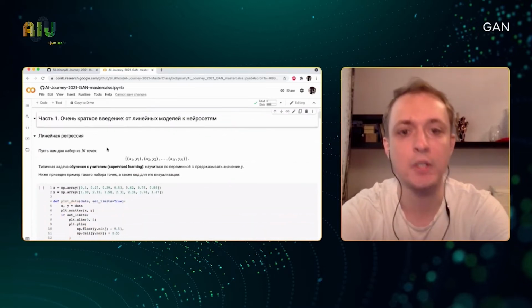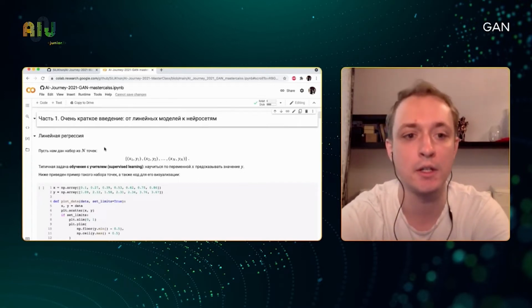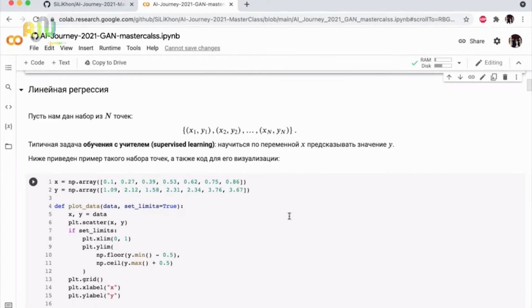So let's begin with the first part. The first part is how you can get from linear models to neural networks. Let's look at a simple task of supervised learning. We have a set of dots, a multitude of pairs: x1, y1, x2, y2, up to xn, yn, and so on.